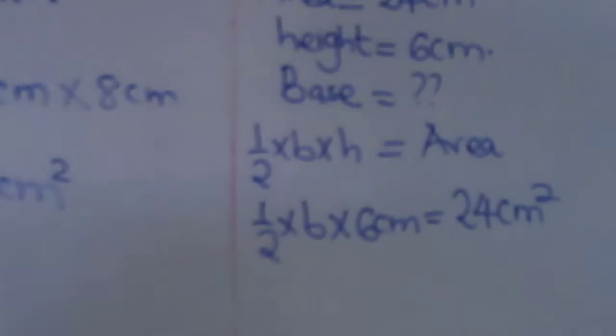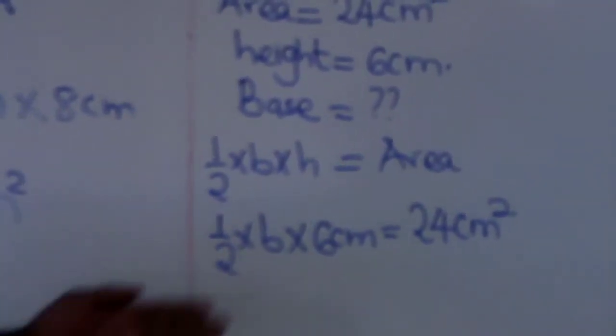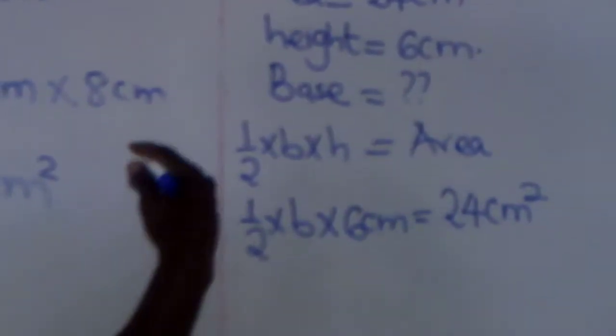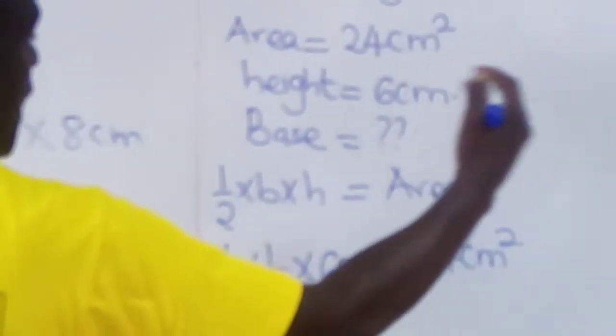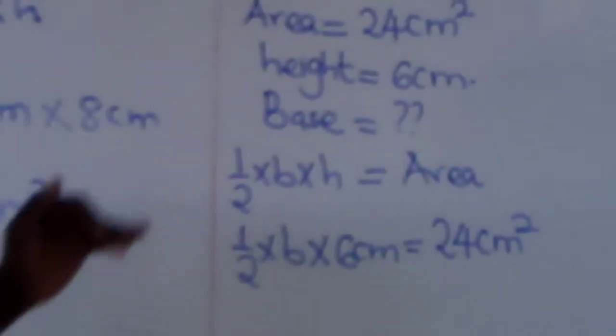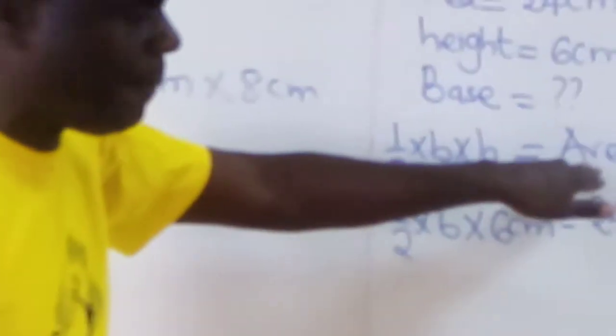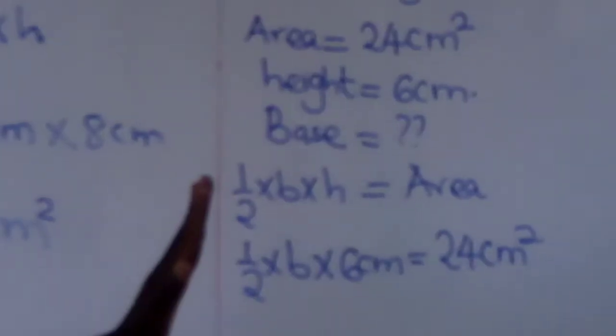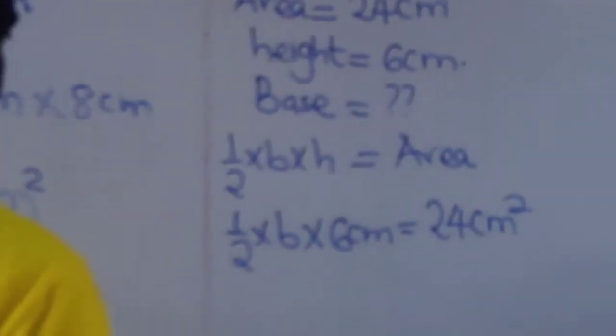We have written the formula on this side and equated it to the area on the other side, because we don't want to find the area, we want to find the base. And so the base that we want to find has to be on the left hand side.